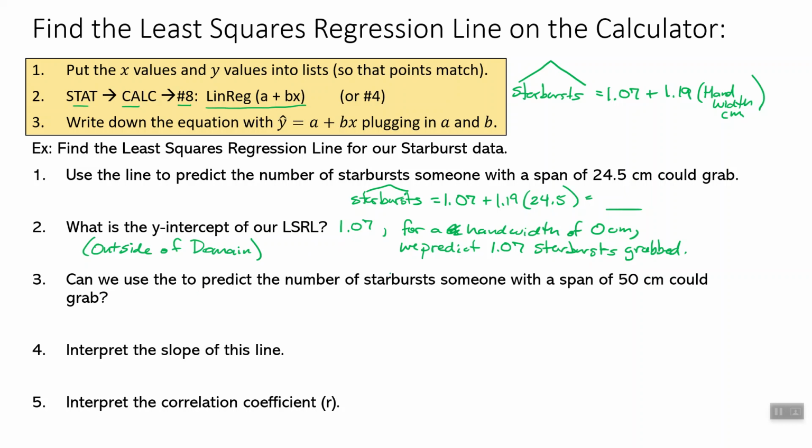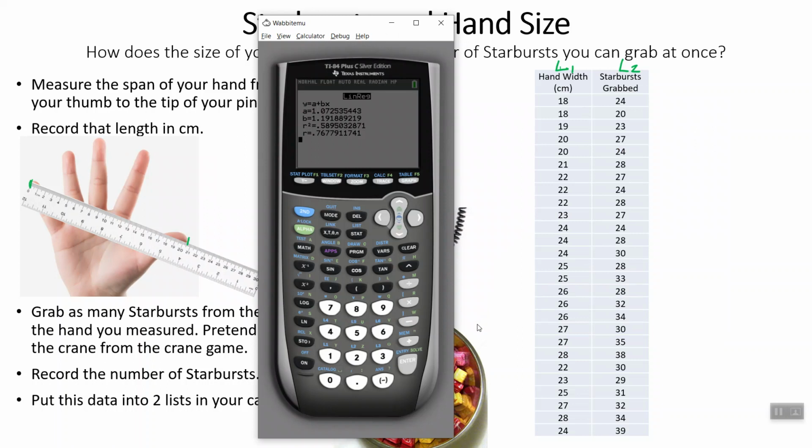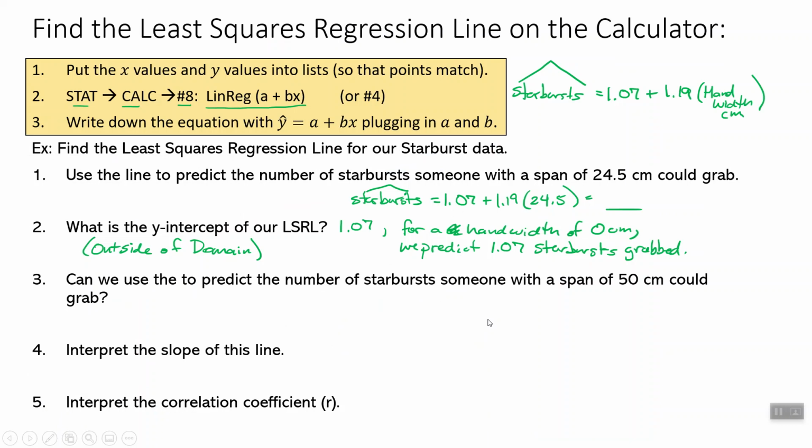All right, can we use the line to predict the number of starbursts for someone with a span of 50? Well, if we go back to our data, the highest X value, we had some 28s, so our highest hand width was 28. So do we want to use that data to predict someone with 50 centimeters? We went from 20 centimeters to 28 centimeters, and we want to use it to predict at 50.